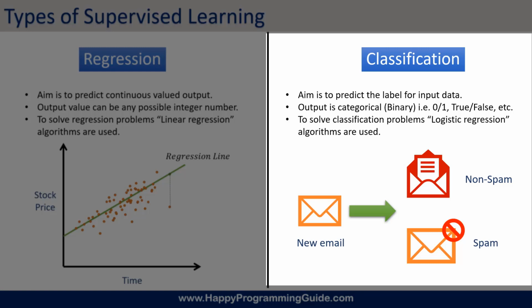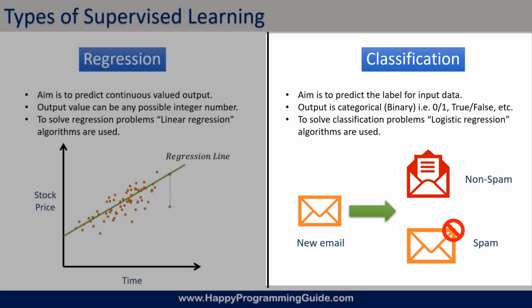Here the aim is to predict the label for input data, and the output is in categorical or binary format. One more example of a classification algorithm is email classification, whether the incoming email is spam or non-spam. And to solve these problems, logistic regression algorithms are used.